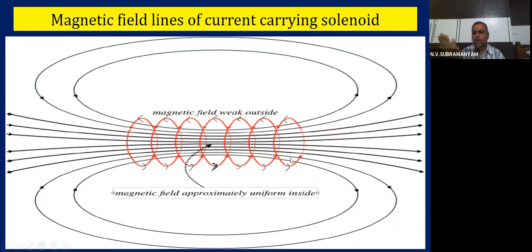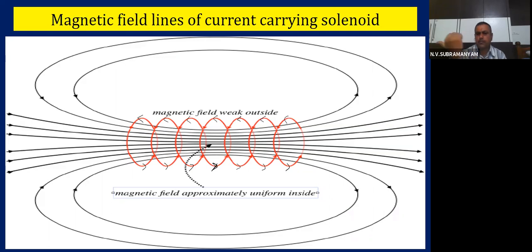Now keep your right hand like this, and rotate your fingers like this. On the top, the rotation of fingers should be such a way that it represents the current direction. Now, if you see carefully, at the top part, current is coming outside, and at the bottom part, current is going inside.